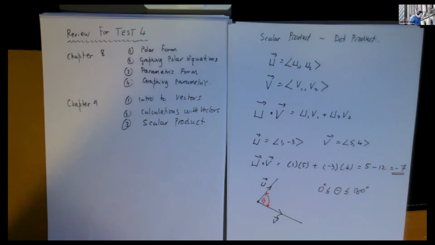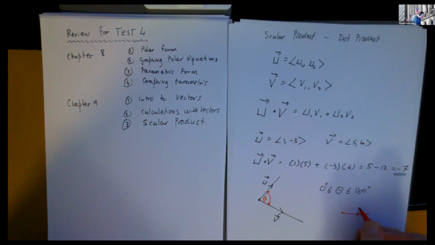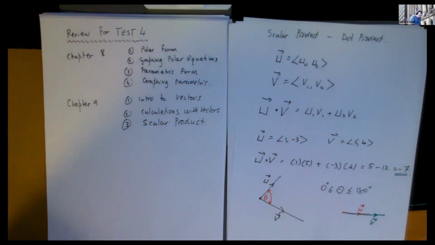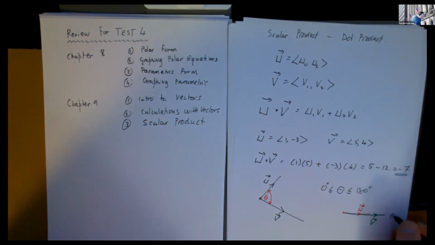Right, let's look at the two extremes. If we call this vector u, and then we have another vector v, when they're parallel to each other and on top of each other, in that story, the angle theta is 0 degrees.